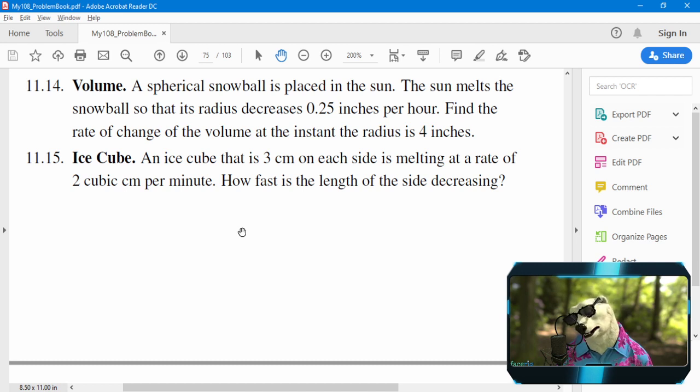Now this one is simpler than the cone we saw before, but it's just highlighting another volume formula we need to know. So I have a sphere and its volume is changing, so let's draw a picture and set that up.